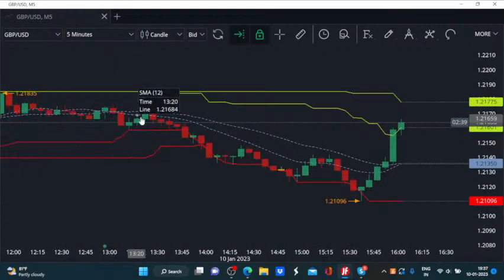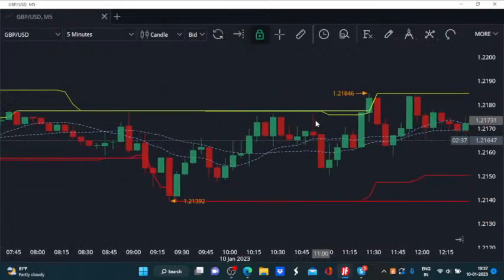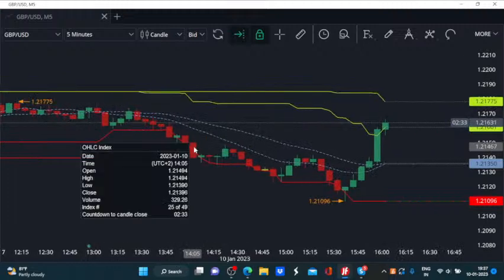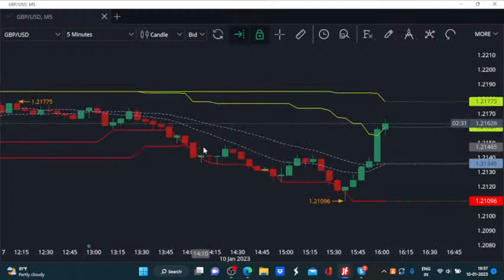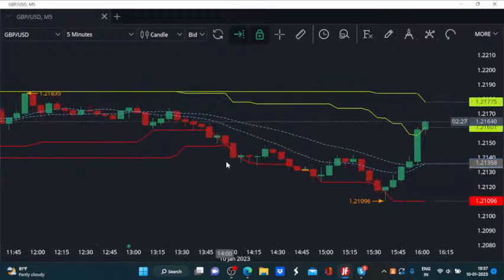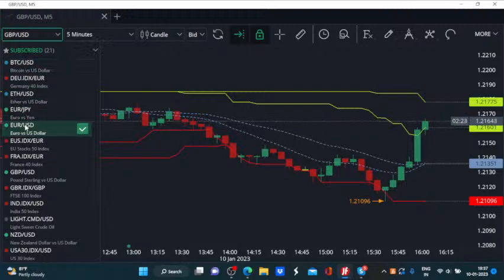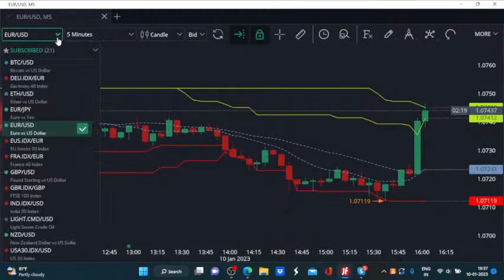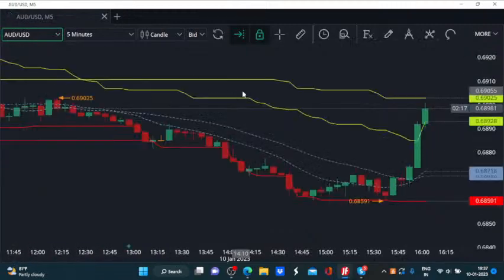If we look at the GBP USD's decline in today's session, it is apparently much shallower compared to the decline being observed in case of AUD, but it is deeper compared to the decline for euro. So we have to place it behind the euro, but I think we can place it ahead of the AUD.